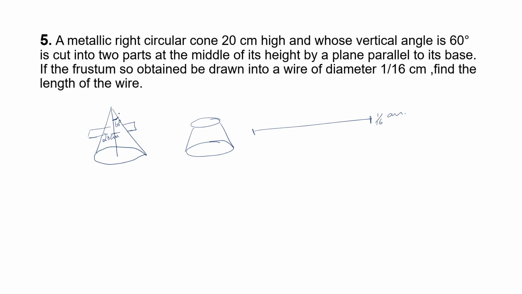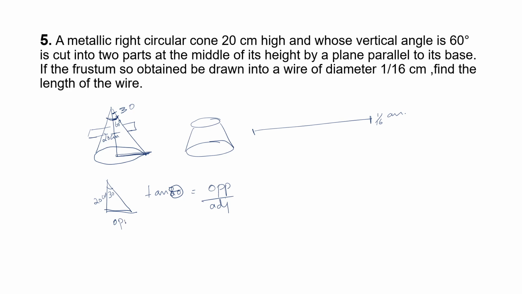So the vertical angle means this whole angle is 60 and this angle is 30. Why is this angle given? Using this angle you can find the radius. This is a triangle, this angle is given 30 degree and this height is given. Tan theta is opposite by adjacent.